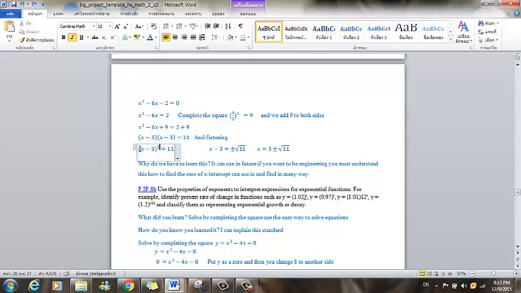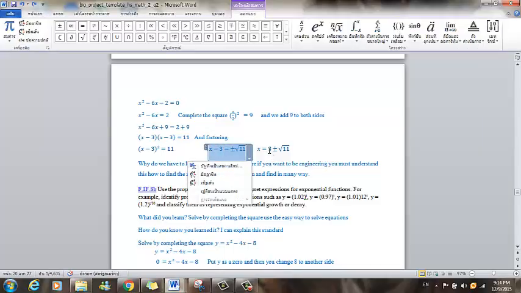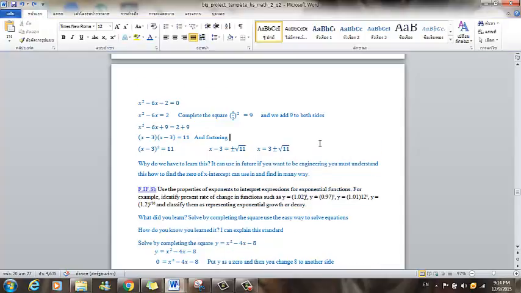This side doesn't have a root because the root cancels the square, and this side still has the root. Then we change the 3 to the other side and it becomes plus 3. So it's 3 plus or minus root 11, and this is the answer.